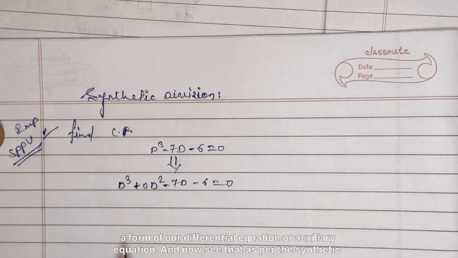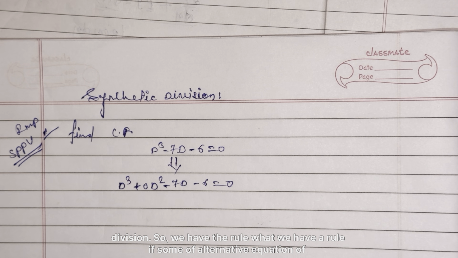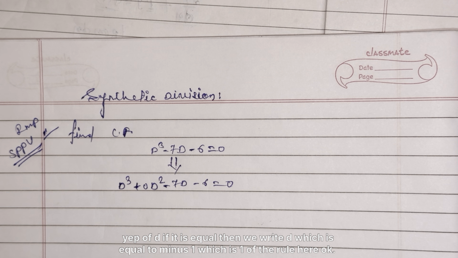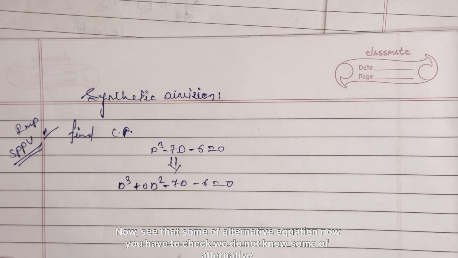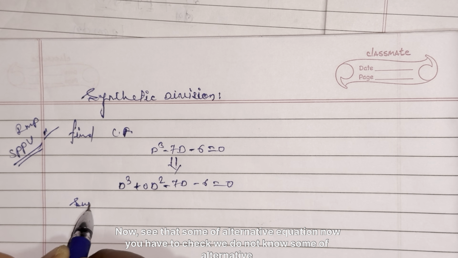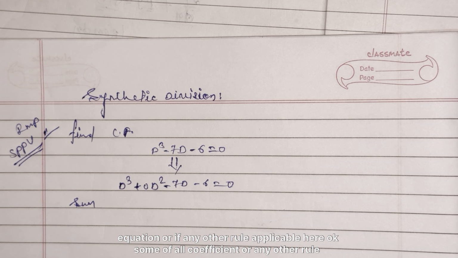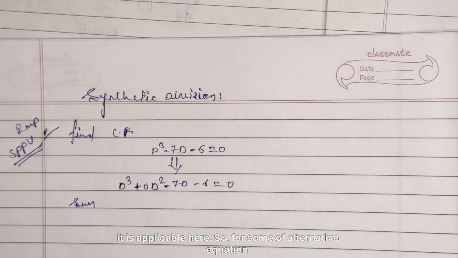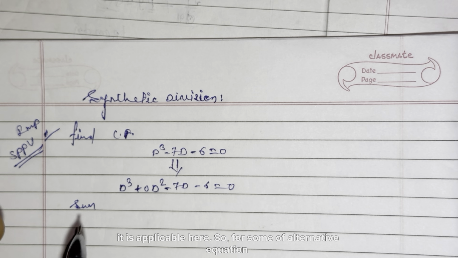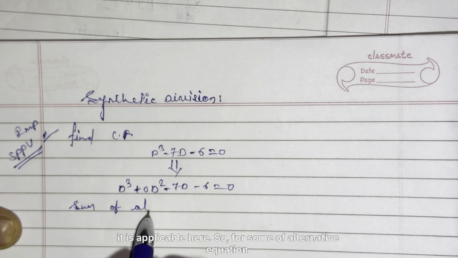Okay, and now see that as per synthetic division, we have a rule. What is the rule? If the sum of alternate coefficients of f of d is equal, then we write d equal to minus 1 as one of the roots here. Now you have to check whether the sum of all coefficients or any other rule is applicable here.